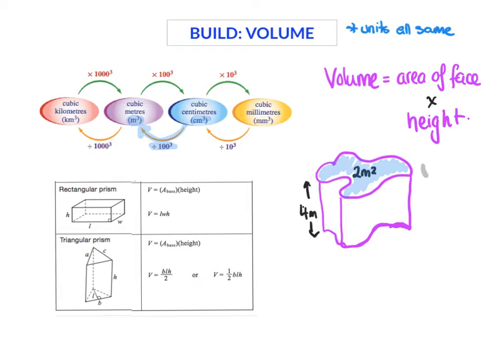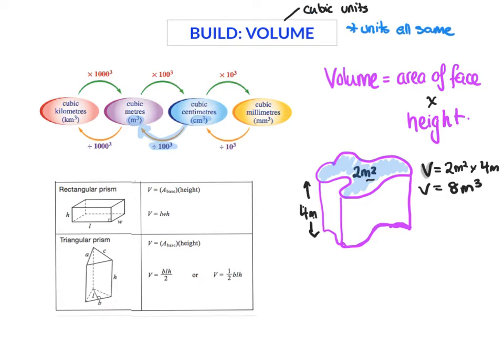So if I was doing the volume here for this one, I would say that, now they're both in meters, which is good, the volume is the 2 meters squared times the height, which is 4. So this one will be 8, the height's 4 meters, it'll be 8 meters cubed. So you'll notice that volume is in cubic units, which means to the power of 3.